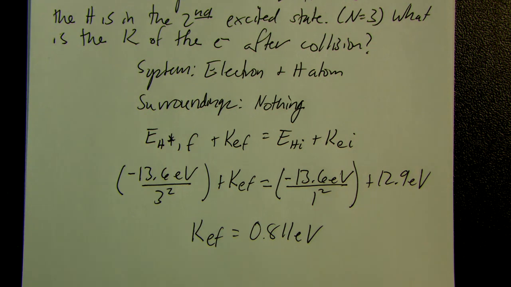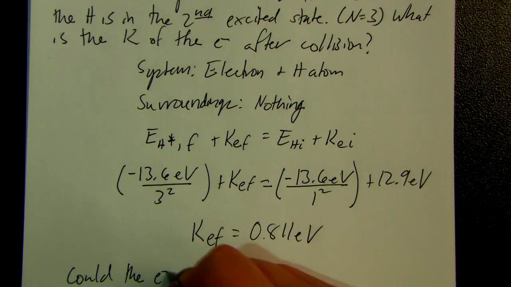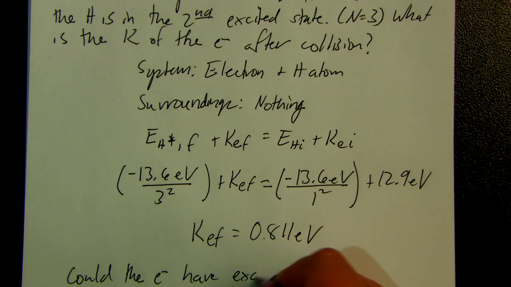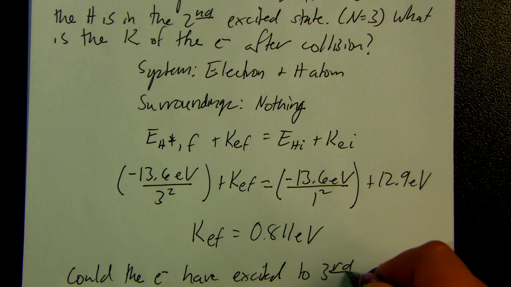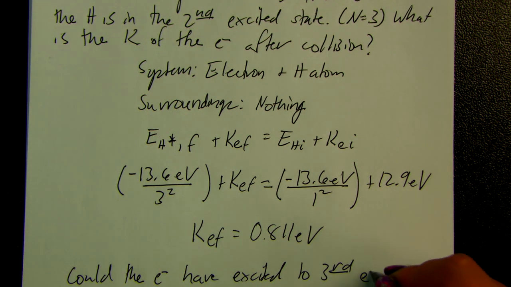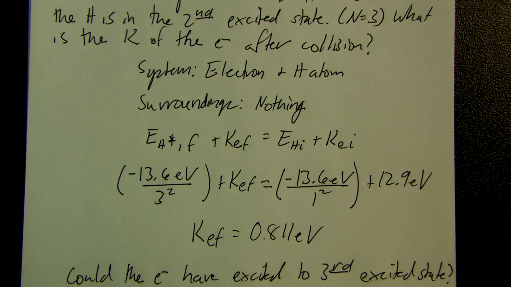All right, so question. Could this electron have excited to the third excited state? So the n equals 4 state. And the answer to this, pretty easy.